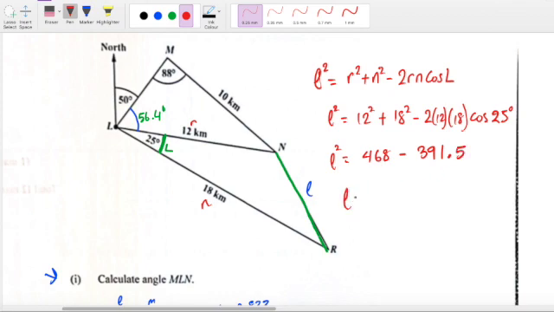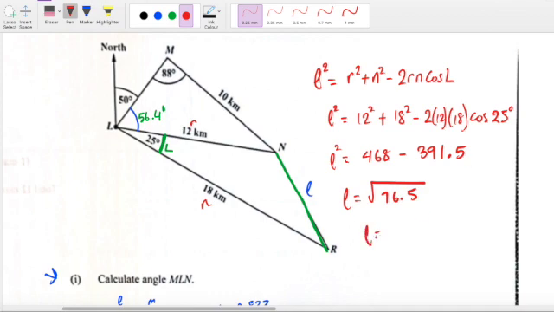And so L now is the square root of 468 minus 391.5, the square root of 76.5.